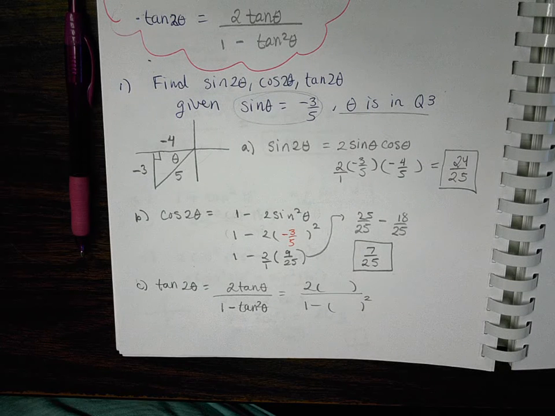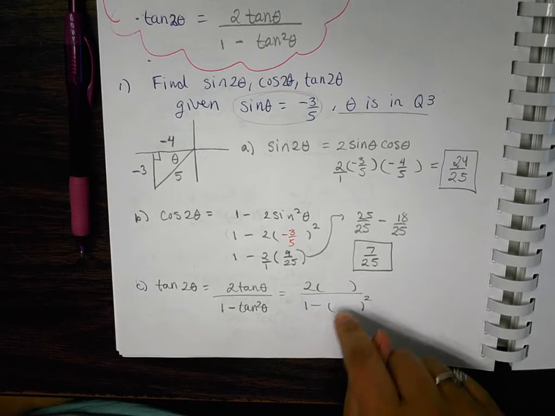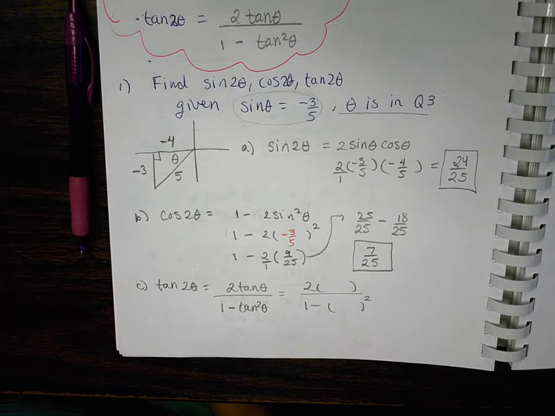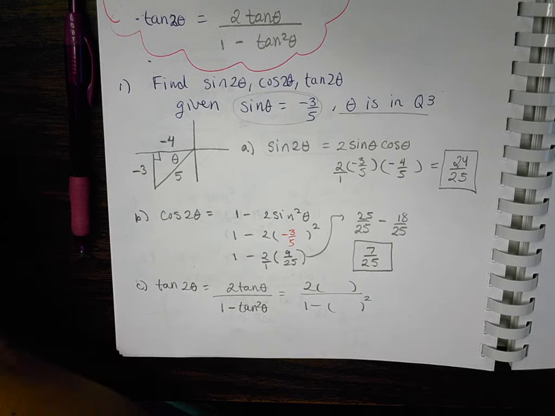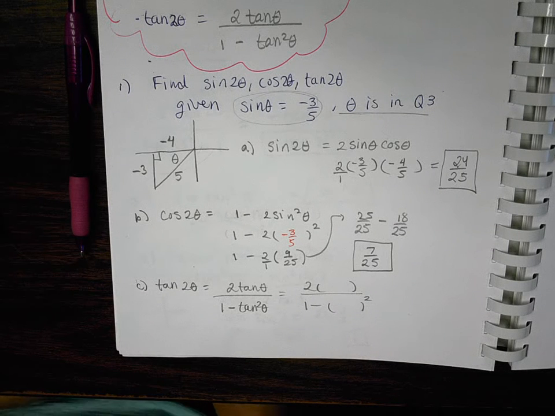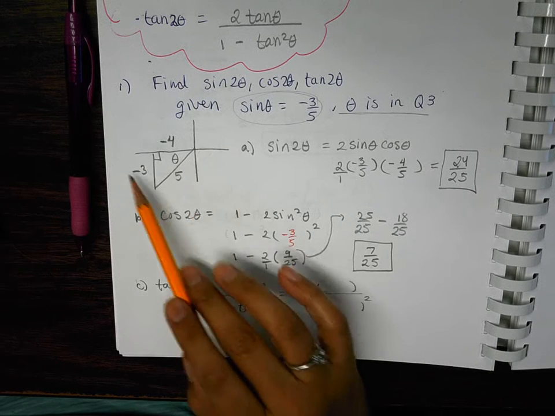All right, so find tan of theta using your picture and then plug it into the 2 blanks. All right, what is tangent of theta according to this paper, this picture? Opposite over adjacent is what?